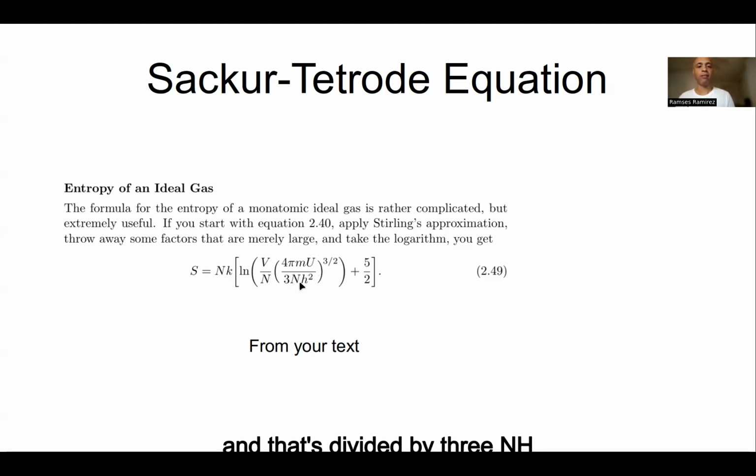And that's divided by 3N h squared, and h is your Planck's constant, right? And then you have this extra 5 halves term here. So this is the expression from your text that we will be using to illustrate a few examples. And I'll also give you some Python code at the end that employs this equation and variants of this equation.